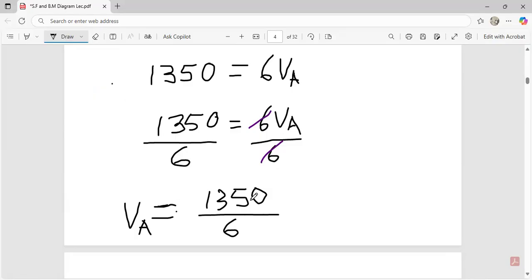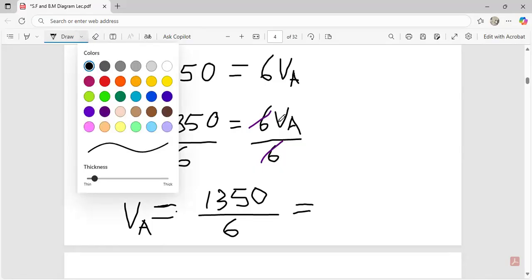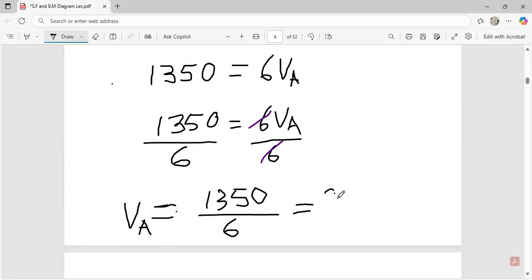Good. If you divide this, you are going to get your VA to be 225 kilonewton. And that's going to become 225 kilonewton.